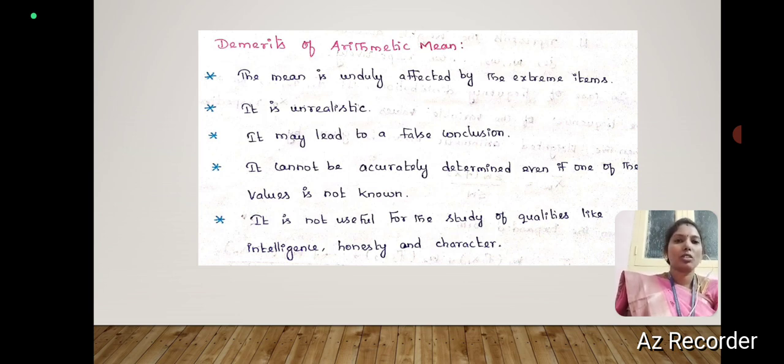The demerits are: the mean is unduly affected by the extreme items, it is unrealistic, it may lead to a false conclusion, and it cannot be accurately determined even if one of the values is not known. It is not useful for the study of qualities like intelligence, honesty and character.